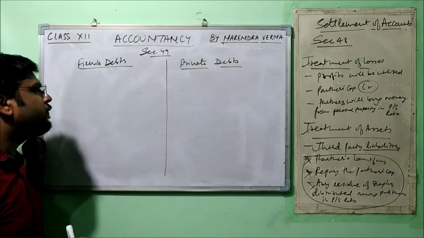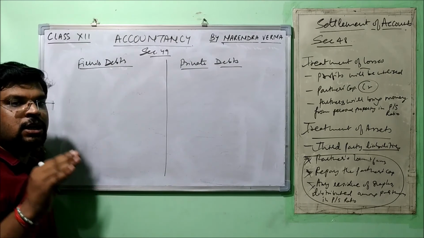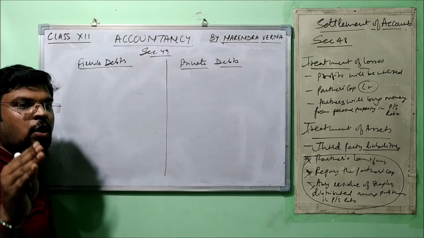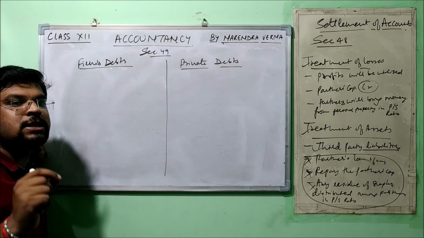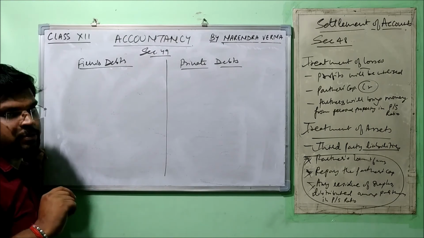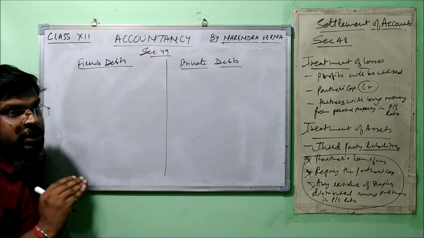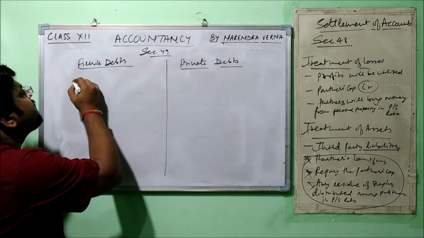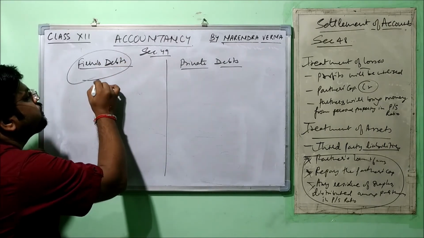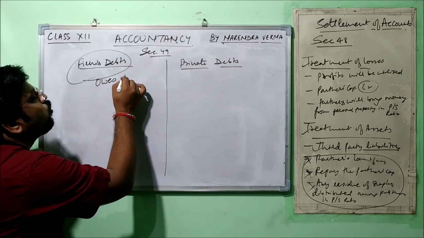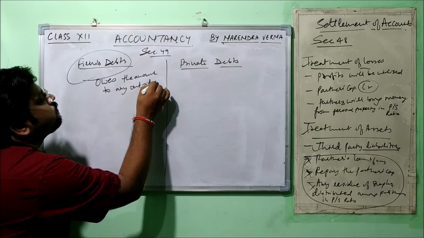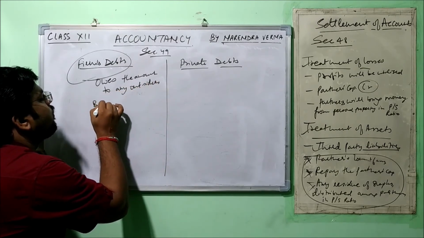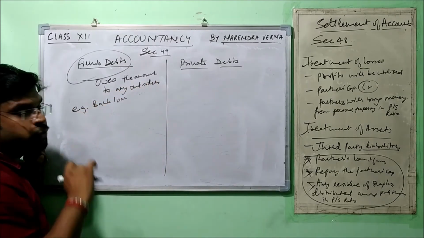If there is any loan or debt in the name of the firm on which the firm is entitled to make the payment, right, the firm owes that amount, so that debt is known as firm debt, for which the firm owes the amount to any outsider. For example, bank loan. Understood?